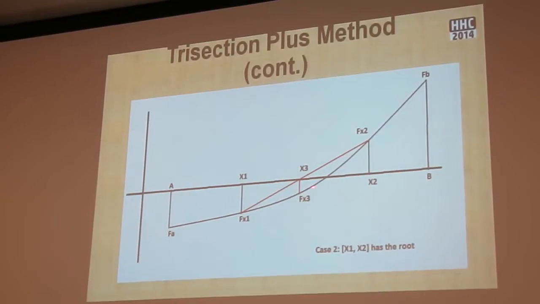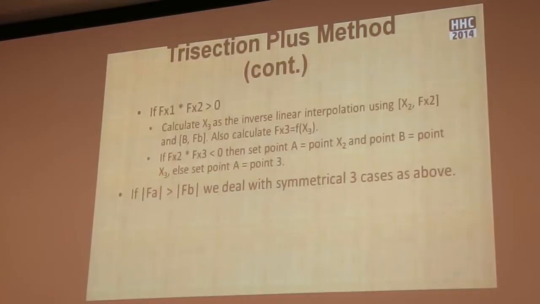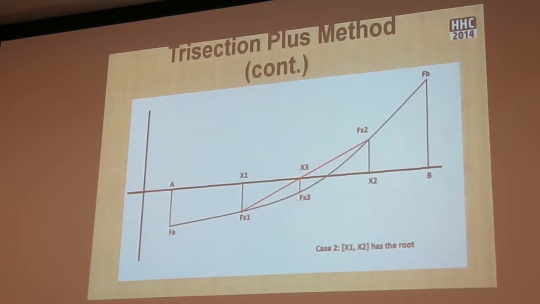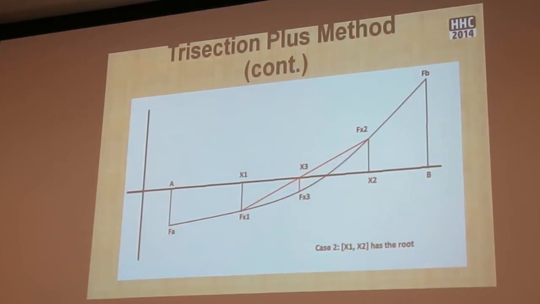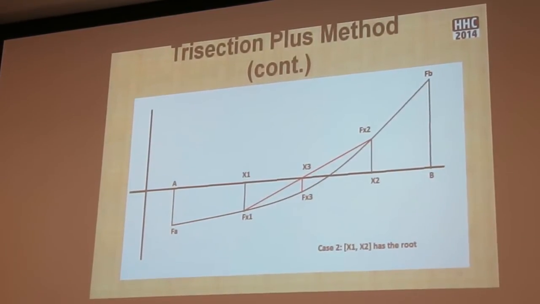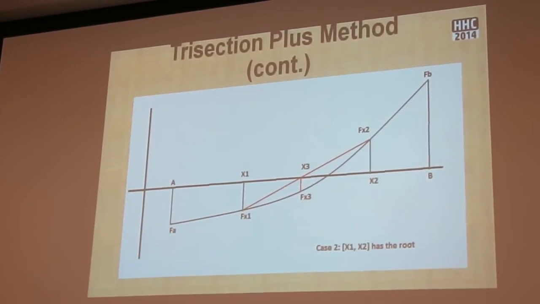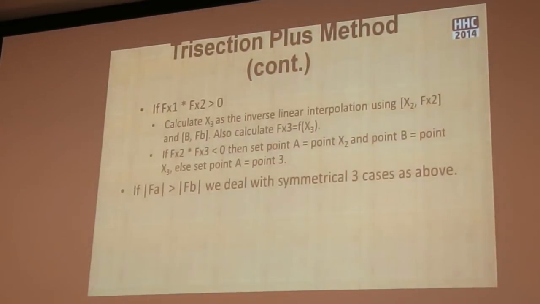Get x3. And then look at its value, compare it with either one. Let's say in this case, since these two values are on the same side, below the x-axis, then the new interval is simply x3, x2. Had the reverse been true, then the interval would be, oh, sorry.